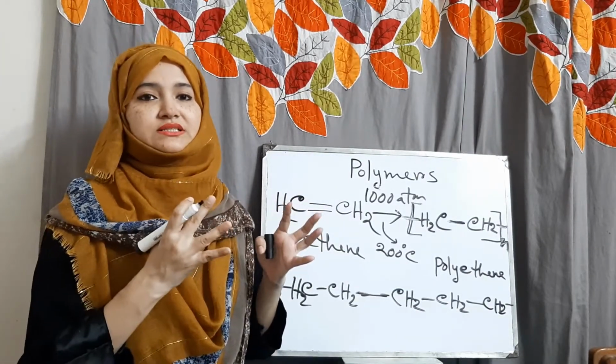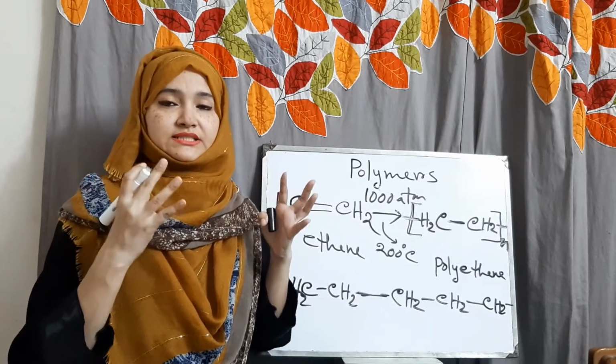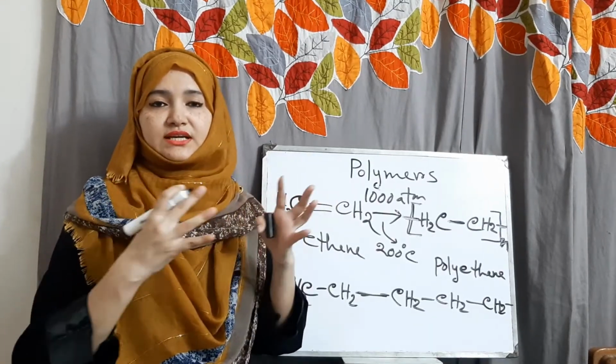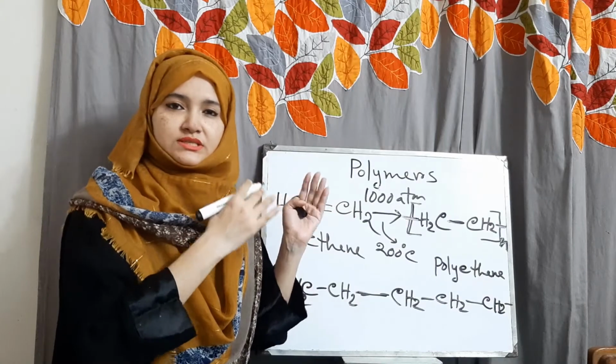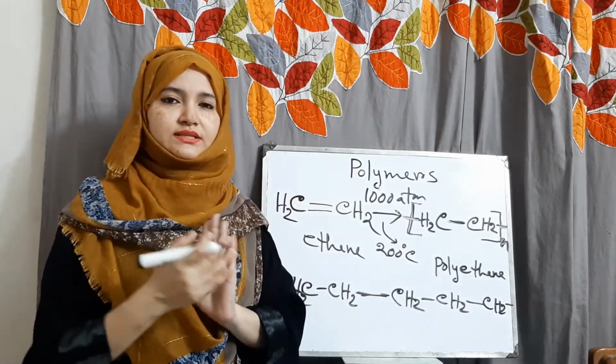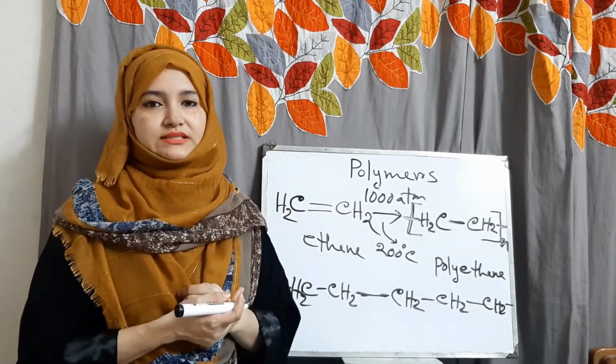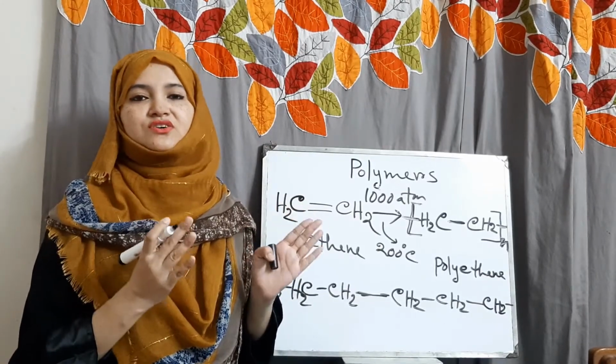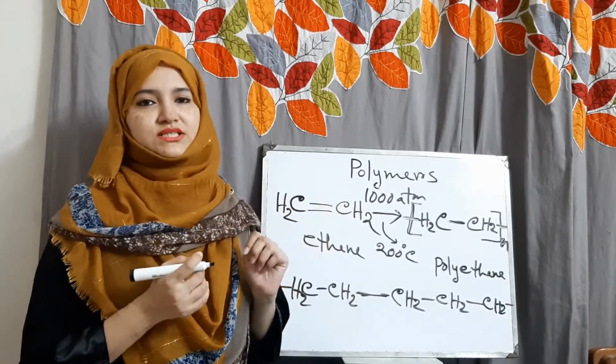Organic peroxide and titanium chloride, titanium oxide, that means transition element chlorides and oxides, are used as catalysts. Mainly organic peroxides are used for polymerization reactions.